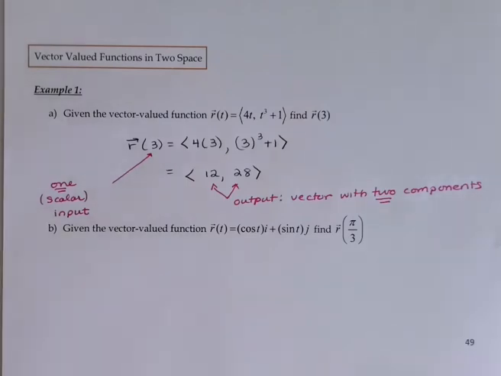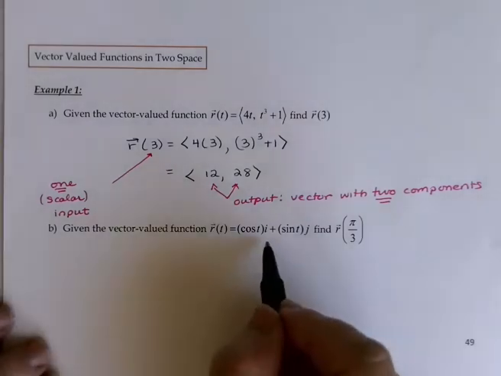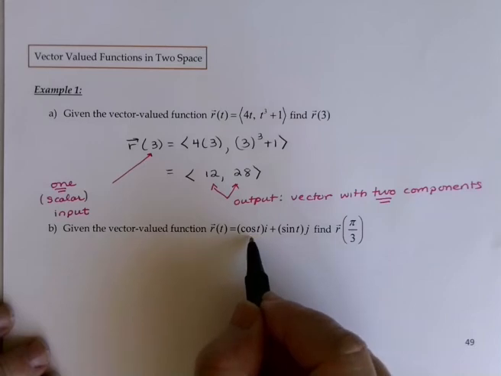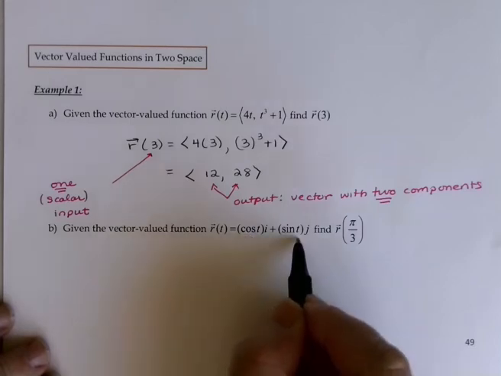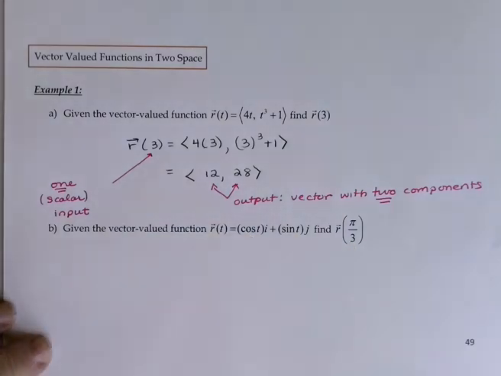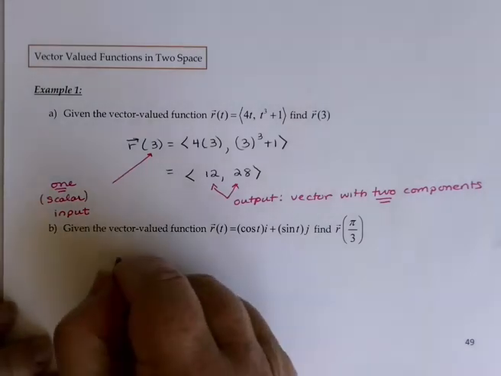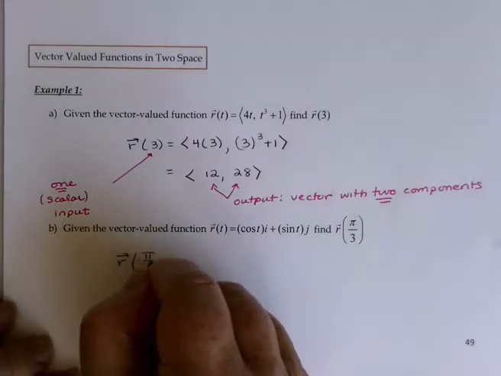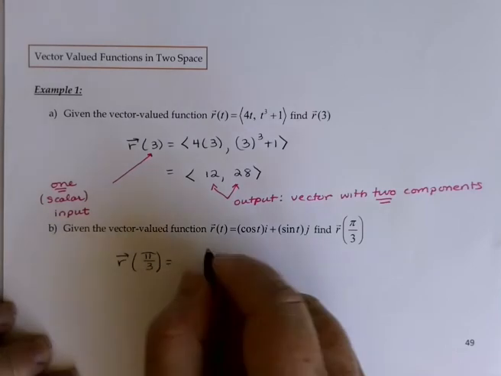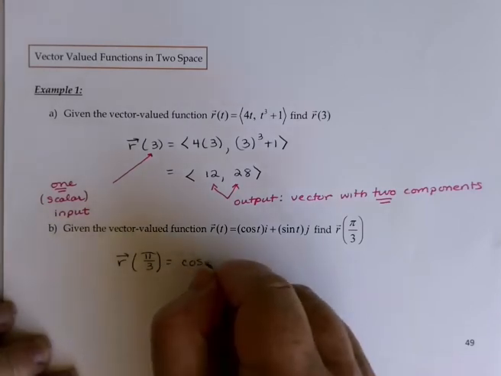Here's another example. This one just is in the ij form, so r of t is cosine t i plus sine t j. And I'd like us to find r of pi thirds. So once again, I'm just going to plug in the pi thirds.